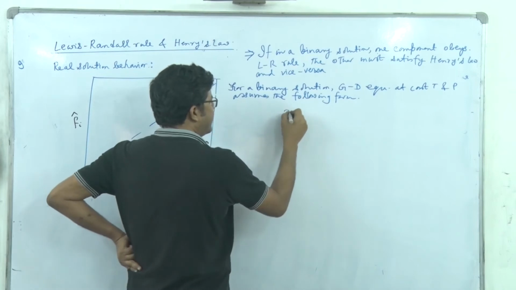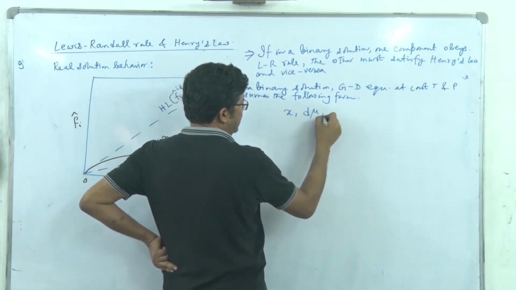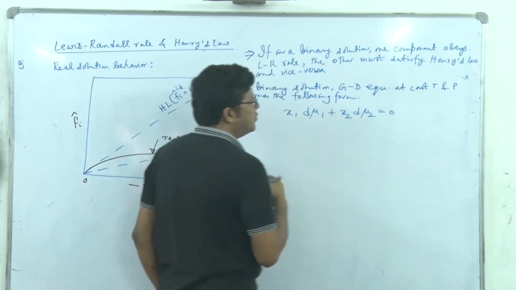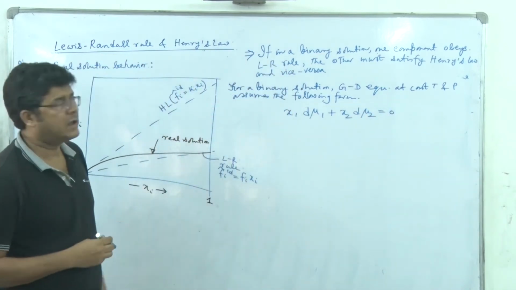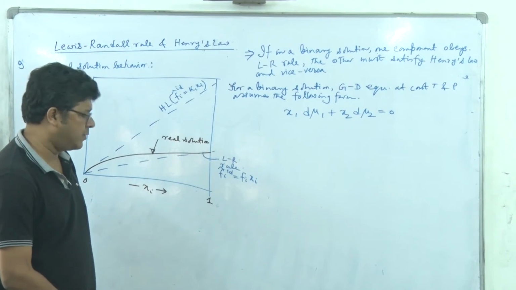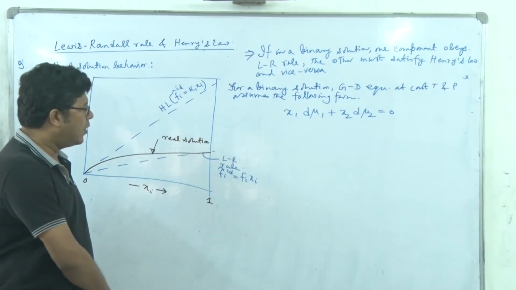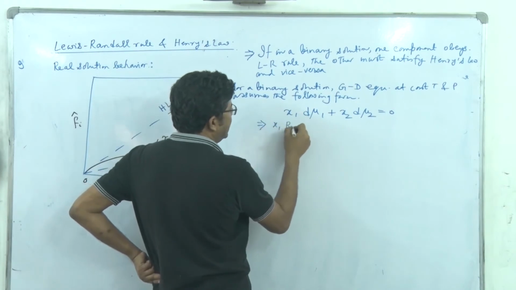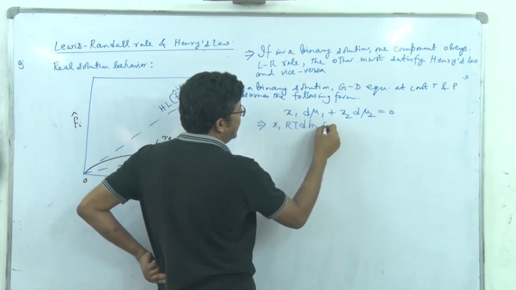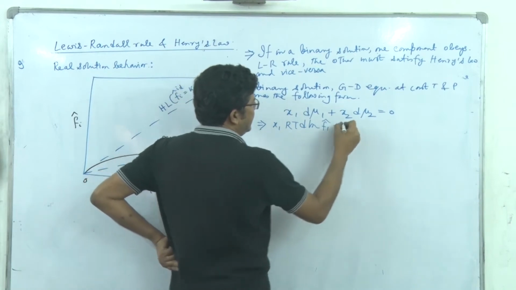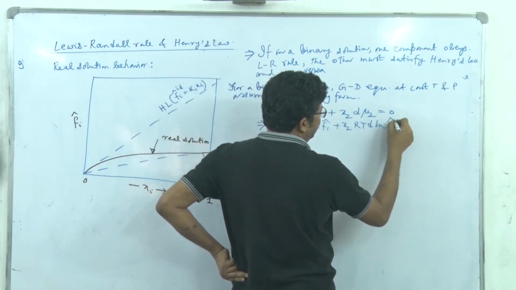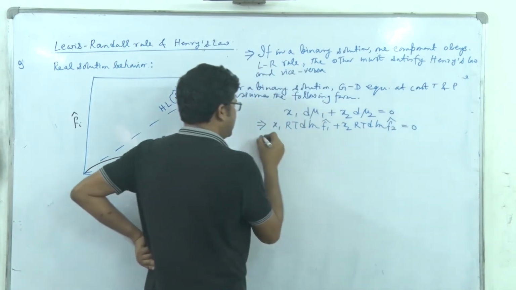What is that? x1 dμ1 plus x2 dμ2 equal to 0, right? Because this μ1 is a partial molar property. So here we can write that x1 RT d ln f1 cap plus x2 RT d ln f2 cap is equal to 0.